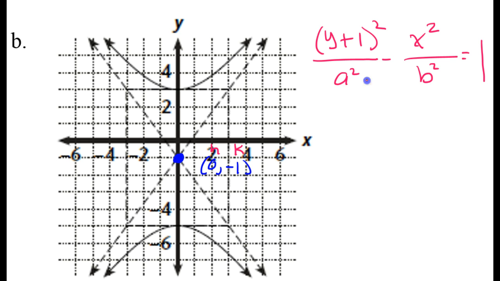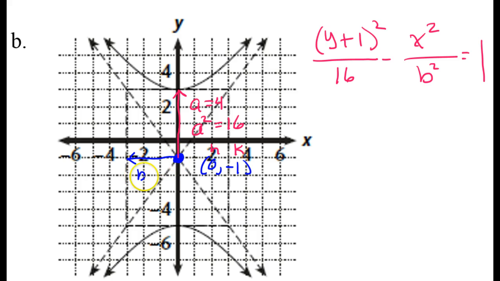So now all I need is a squared and b squared. Well, a is the distance from the center to a vertex. So a is 4, which means that a squared is 16. So this will be 16. B is the distance from the center to a co-vertex. A co-vertex is not an actual point on the hyperbola, but I can locate it by looking at the side of this rectangle that's been drawn.